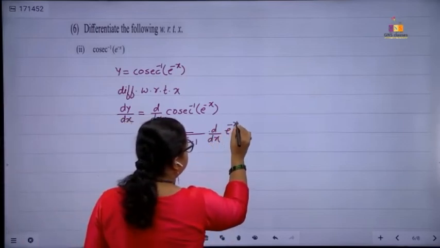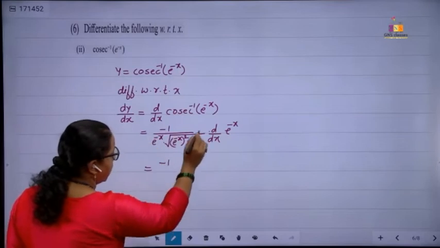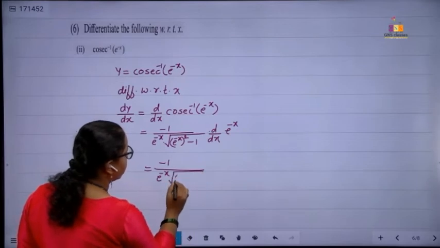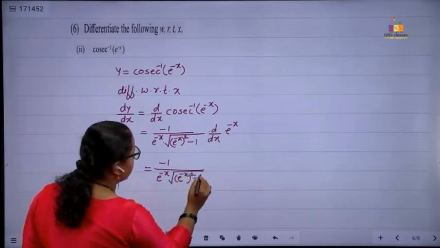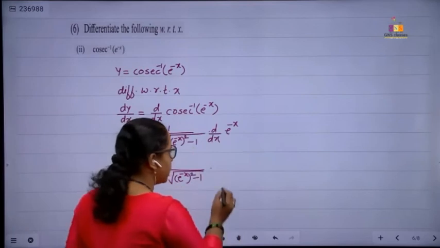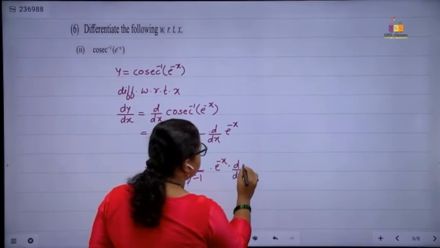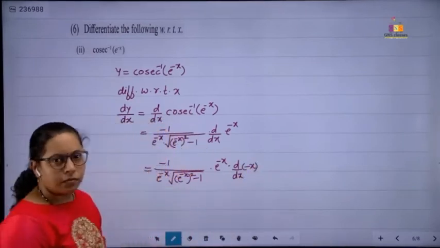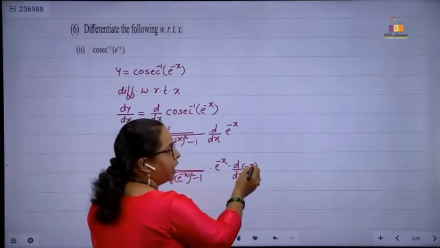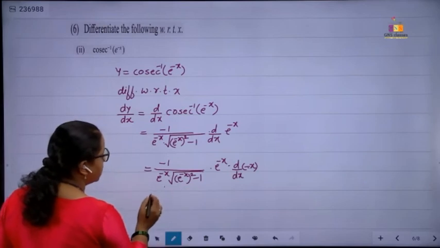Take derivative of that term, derivative of e raised to minus x is e raised to minus x, into d by dx of minus x. What will be the derivative of minus x? Minus sign constant outside of derivative, and now derivative of x is 1. So derivative of minus x is minus 1.